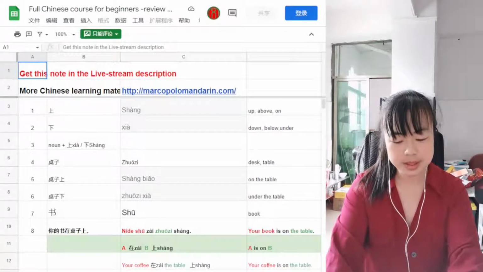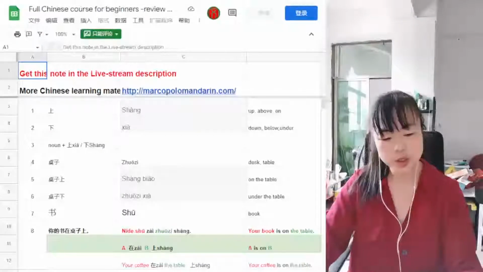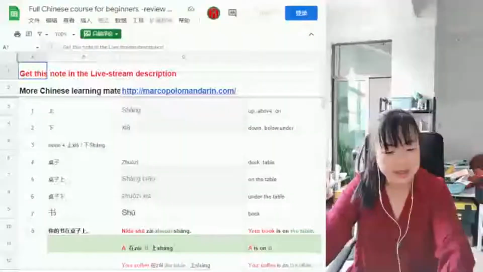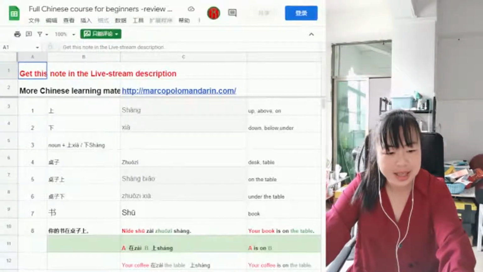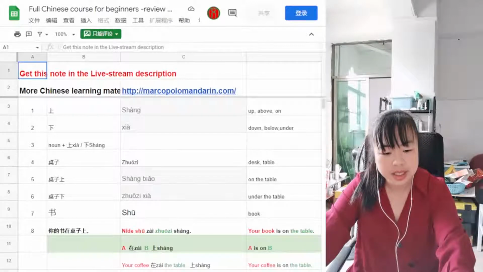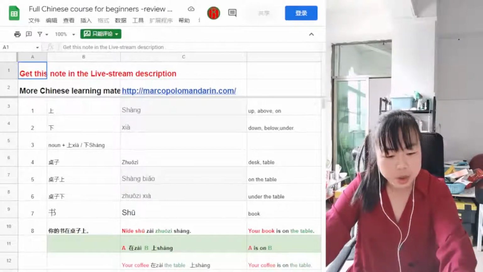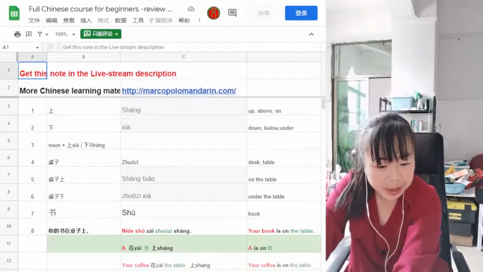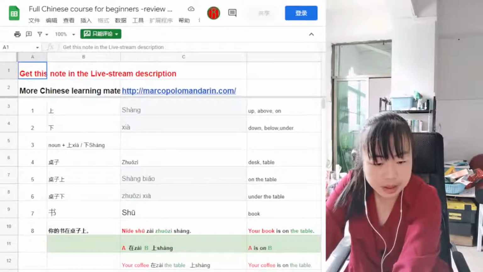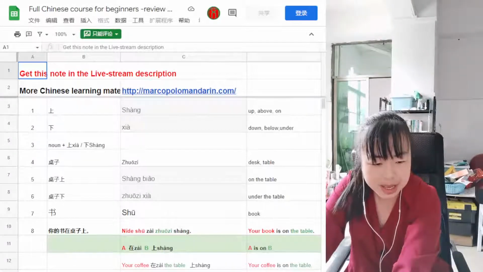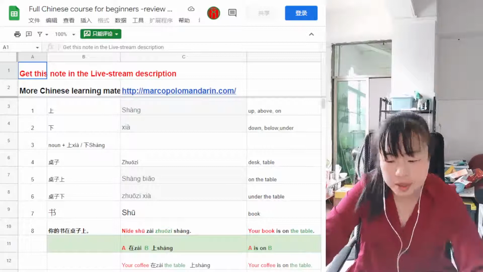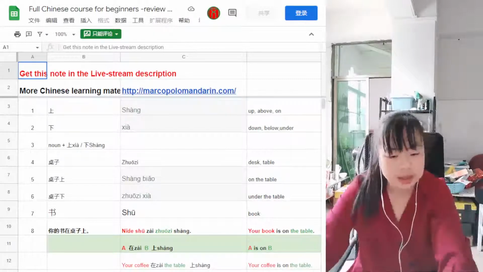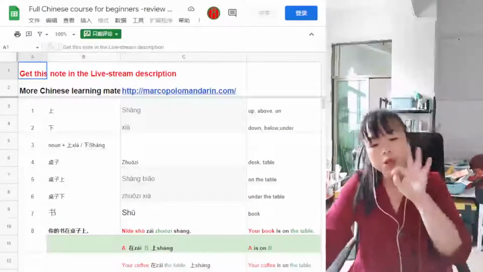And then 下面, 你的手机在书的下面 or 你的手机在书下面. Sorry, we are learning 下边, right? 你的手机在书的下边, 你的手机在书下. Three sentences.